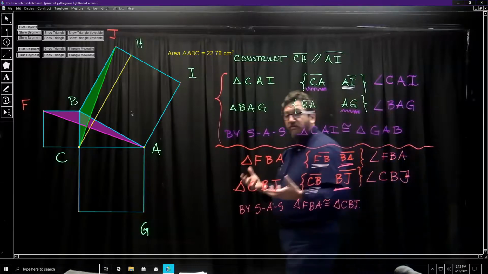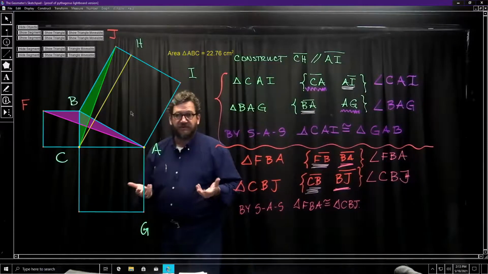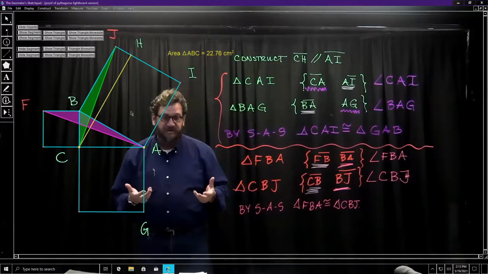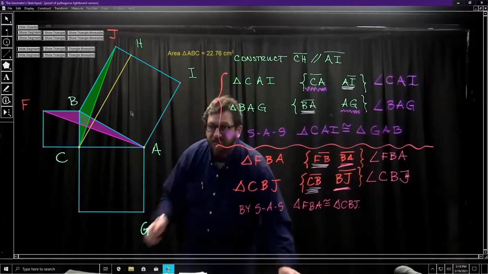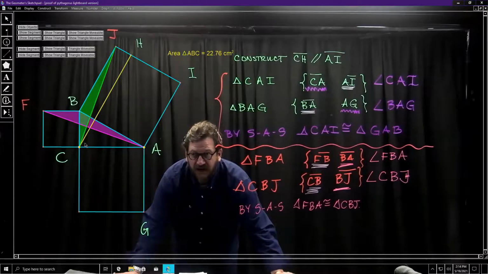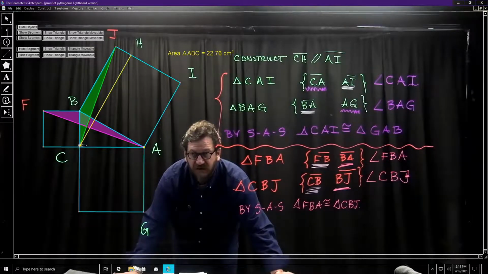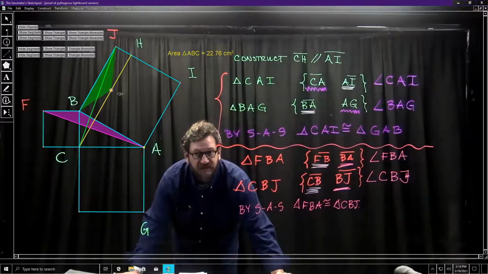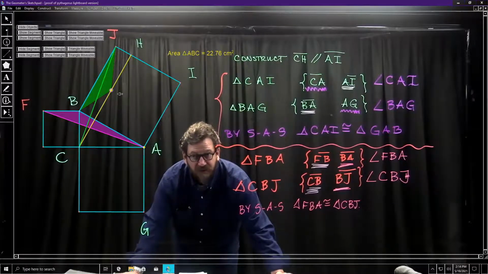Well, if they're congruent, we know that their areas are the same. And if their areas are the same, that's really nice. Now, notice I can grab the vertex at C for the green triangle, and I know all of these green triangles have the same area captured between parallels. I'm going to park this point right here on this side of the square on the hypotenuse.